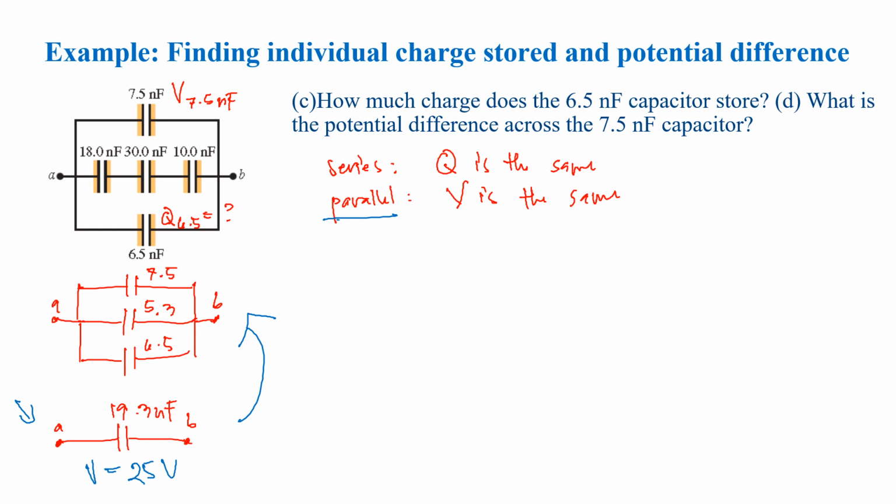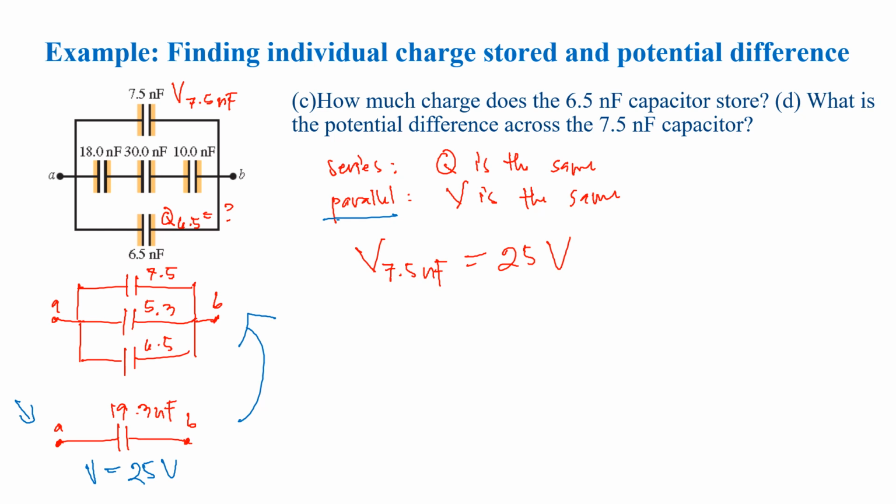So this 25 volt potential difference across the 19.3 nanofarads means that across the 6.5, the 5.3, and the 7.5 nanofarad capacitors, the potential difference is equal to 25 volts, because for capacitors in parallel the voltage is the same. So the voltage at the 7.5 nanofarad capacitor is equal to 25 volts.